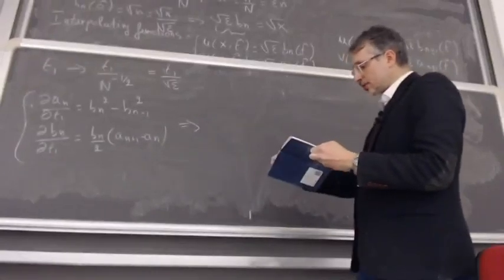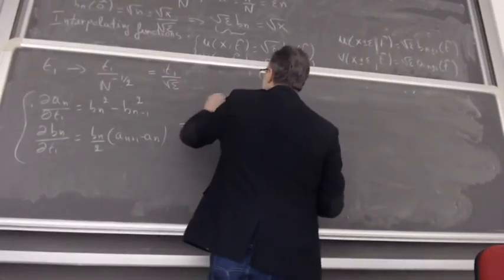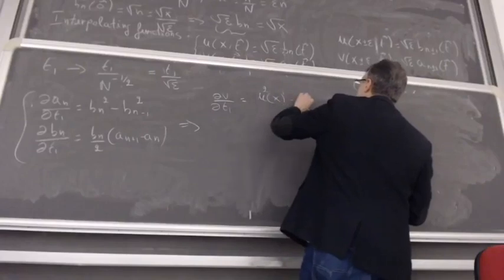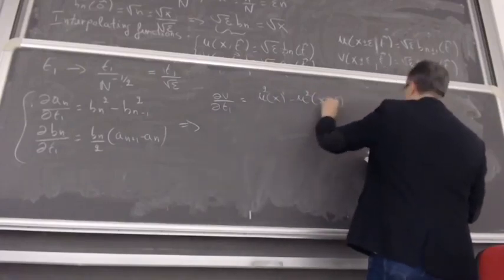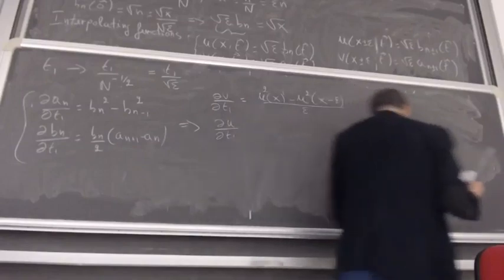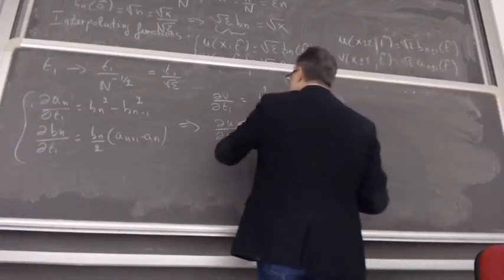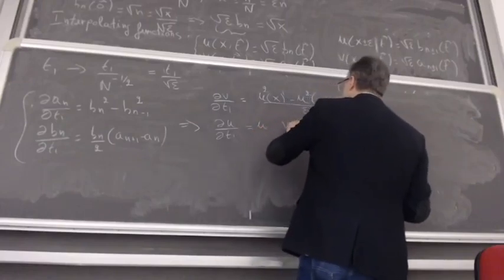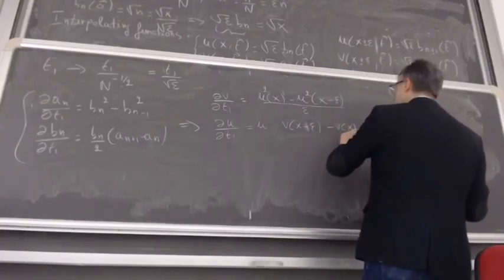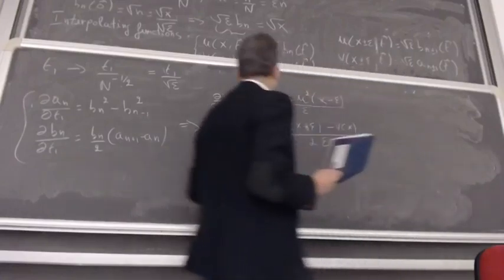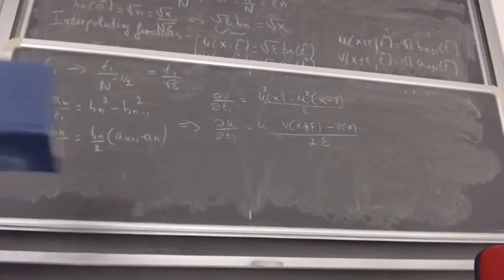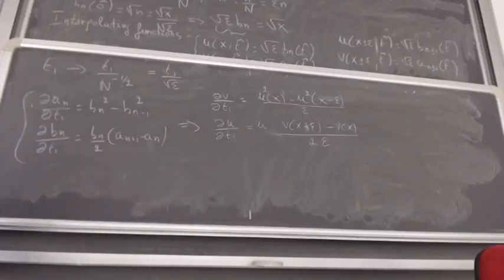With this substitution, we just get the derivative of v with respect to t1 is equal to u squared of x minus u squared of x minus epsilon, divided by epsilon, and du by dt1 is u times v of x plus epsilon minus v of x, divided by 2 epsilon. Where here I omitted the dependence on the times t just for shortness. Of course, all the u and v's depend on all the t's.